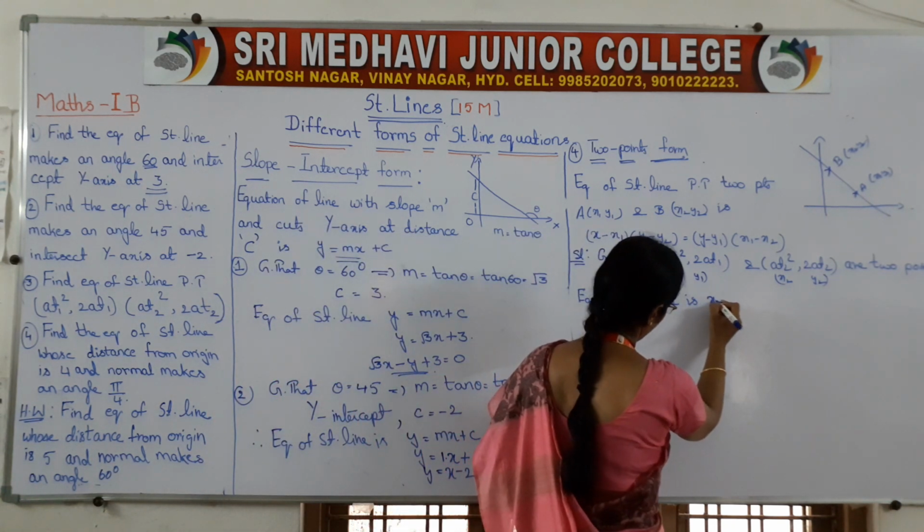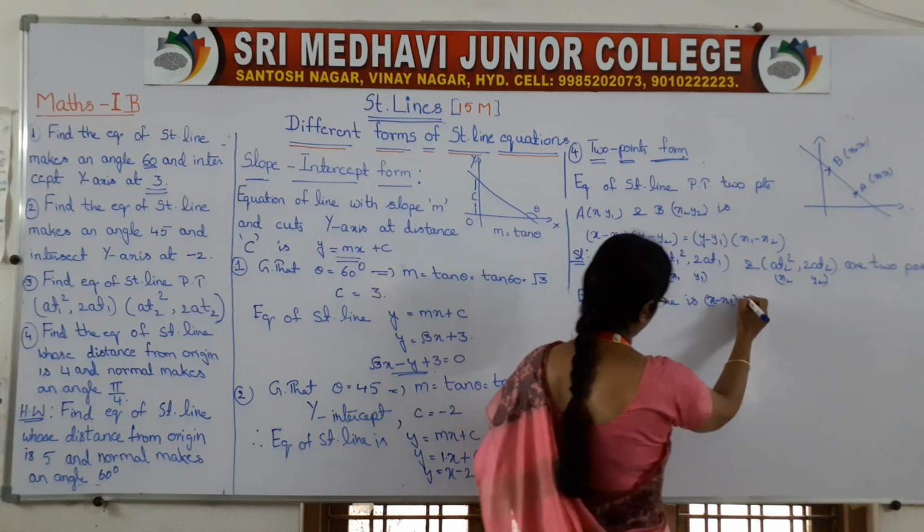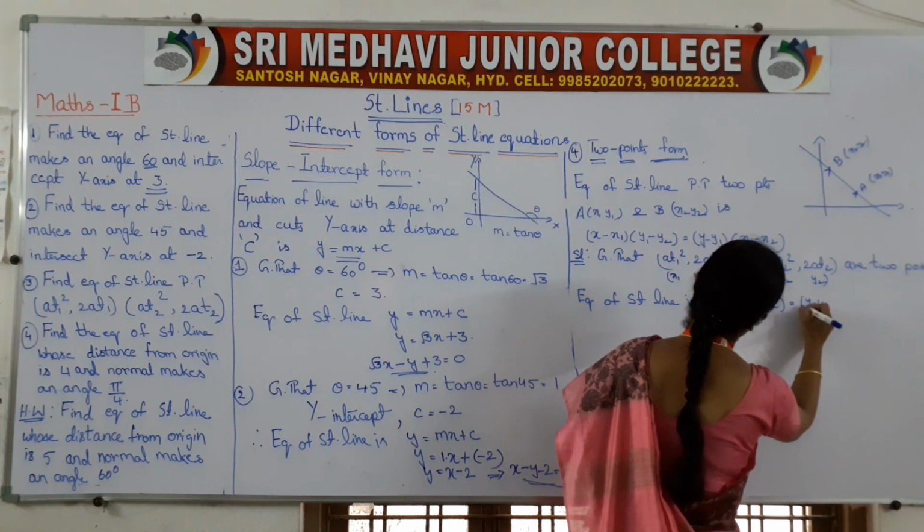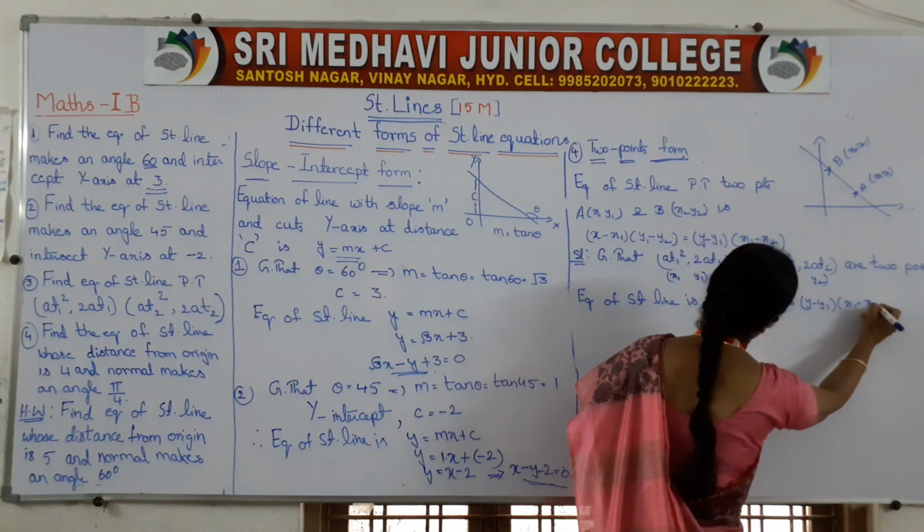This is the formula: x minus x1 into y1 minus y2 is equal to y minus y1 into x1 minus x2.